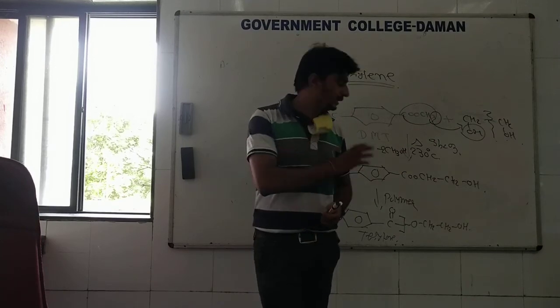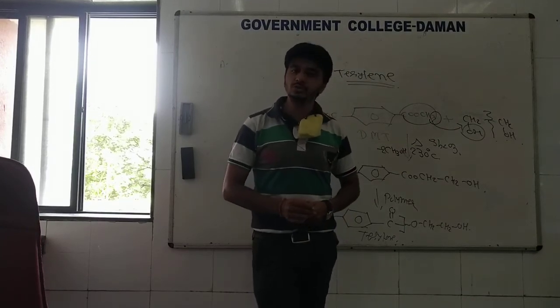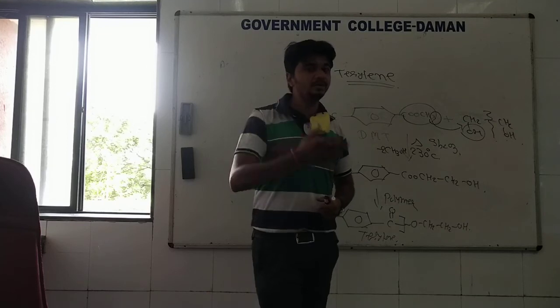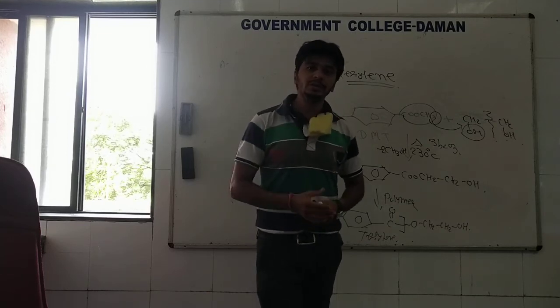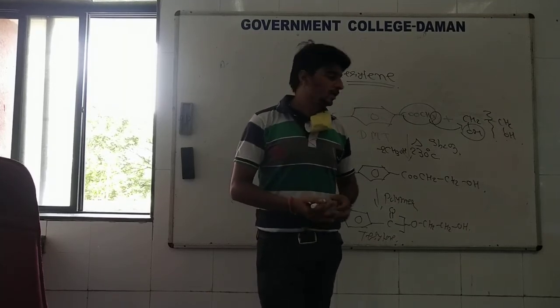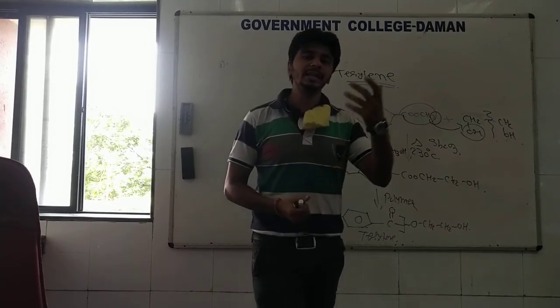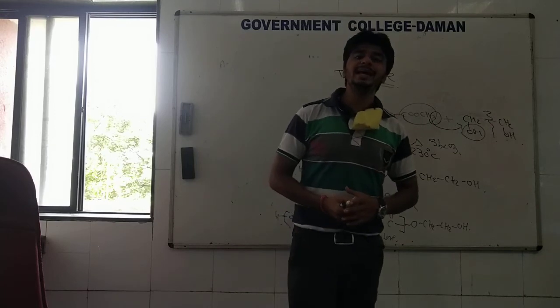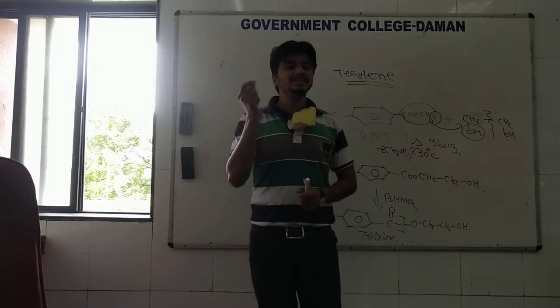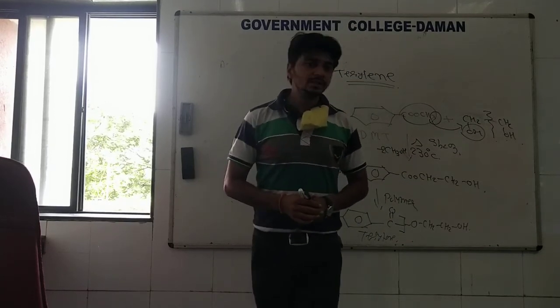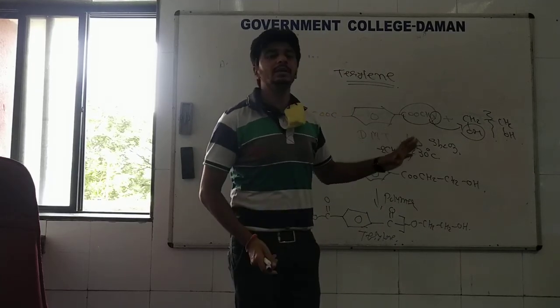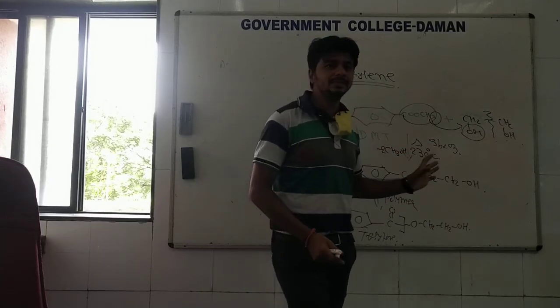This terylene or Dacron is used to prepare different kinds of clothes which don't absorb water molecules. This material is very elastic, so we don't need to do any kind of ironing on those clothes. Okay, so here we conclude one synthetic fiber, terylene.